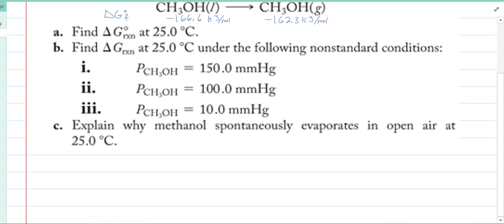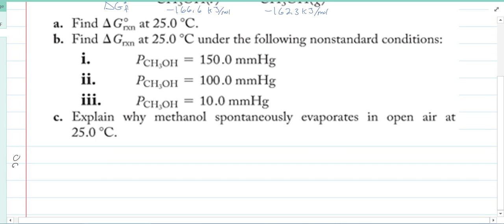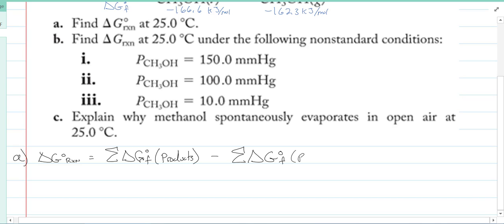So for A, find delta G at 25 degrees Celsius. How would I do that? Well, the standard free energies of formation. So for A, delta G standard of the reaction will equal the sum of the standard free energy changes of products, minus the sum of the standard free energy changes of the reactants.